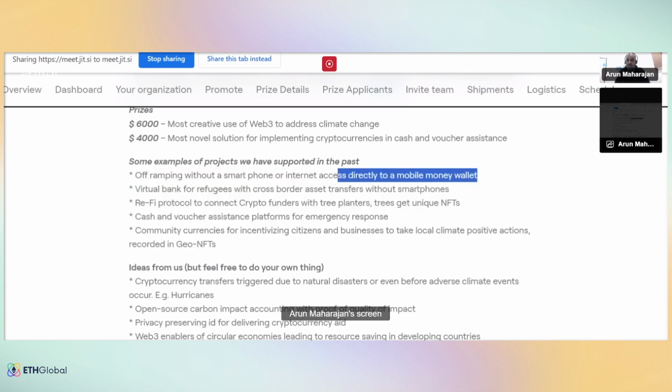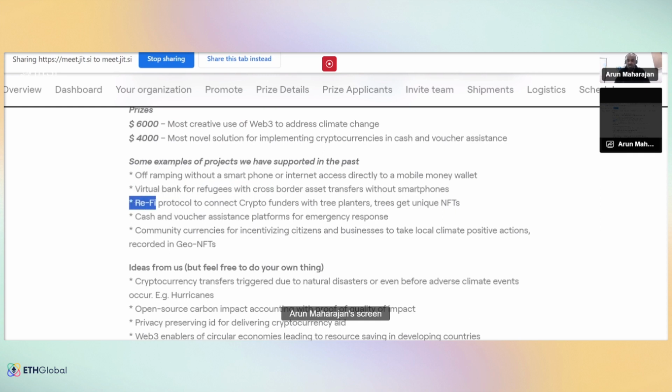For example, we have supported a company who created an off ramp, but with no smartphone, only through SMS, so that the world of crypto, more importantly, to use crypto for remittances or maybe a universal basic income program or so on, is now accessible to people even without internet. We supported a company working on a virtual bank of sorts for refugees, where cross-border transfers was much faster and cheaper.